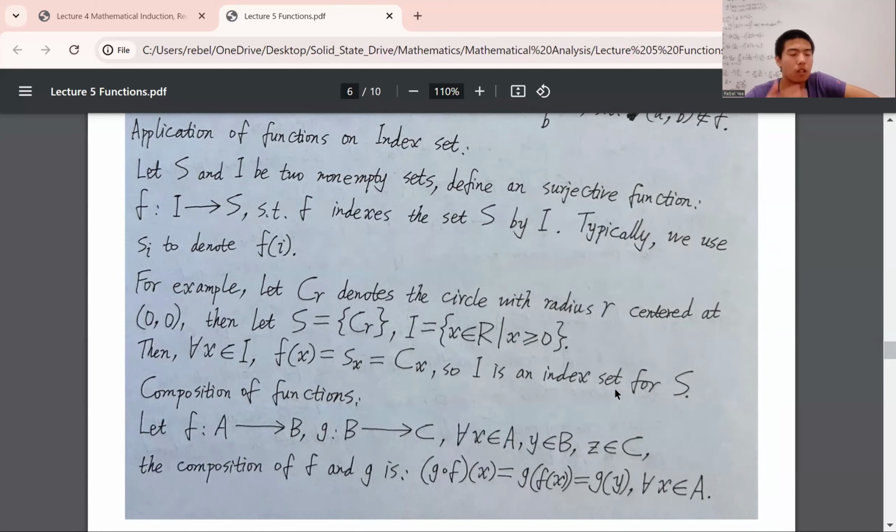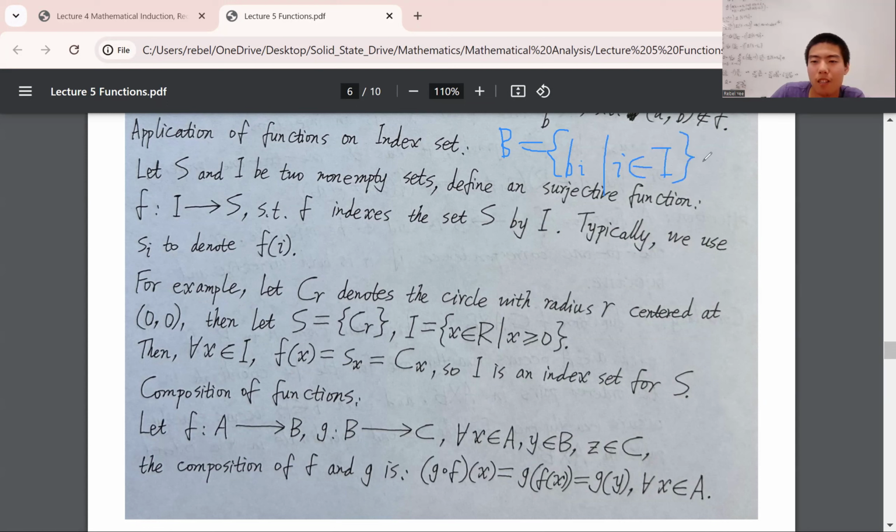As we discussed index set before, an index set is a set I that mainly contains the natural numbers 1, 2, 3, 4, 5, and we can use another set B equal to b_i for all i in I, the capital I, which is the index set, with i equal to 1, 2, maybe going to 1,000. So this is an index set.